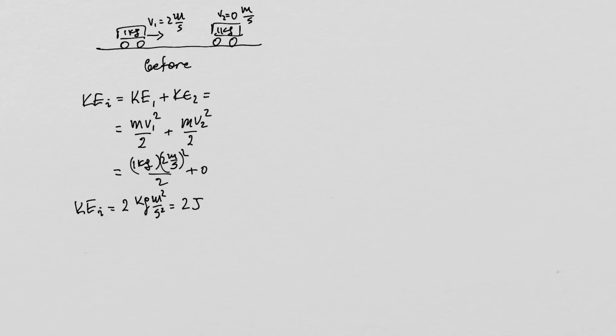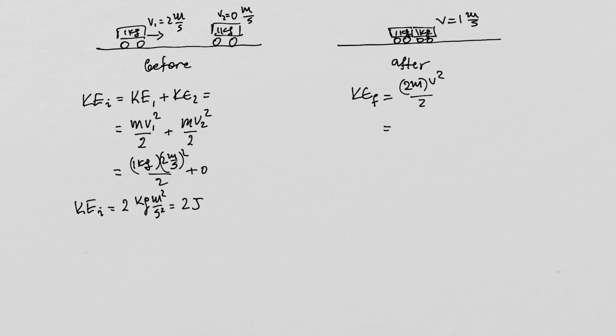Let's now calculate the final kinetic energy after collision. After collision, the two cars are stuck together moving as a two-car train with velocity of 1 meter per second, which we found from the previous slide using the conservation of momentum principle. So the final kinetic energy is simply equal to the mass of the train, so 2 times the mass of each car, times v squared divided by 2.